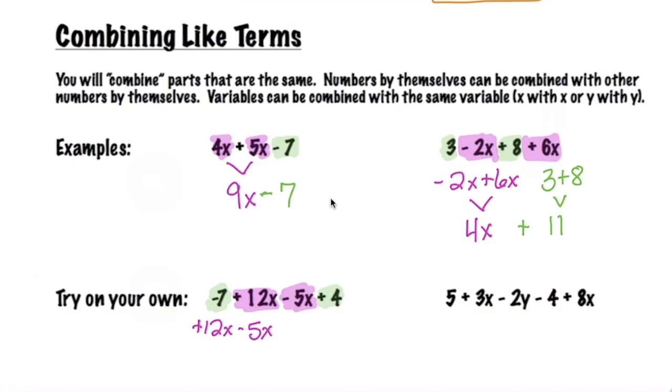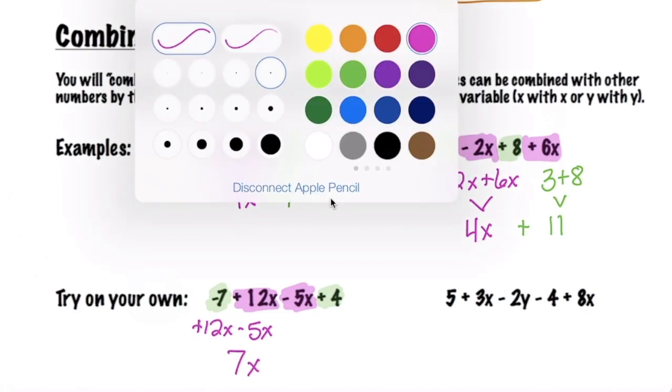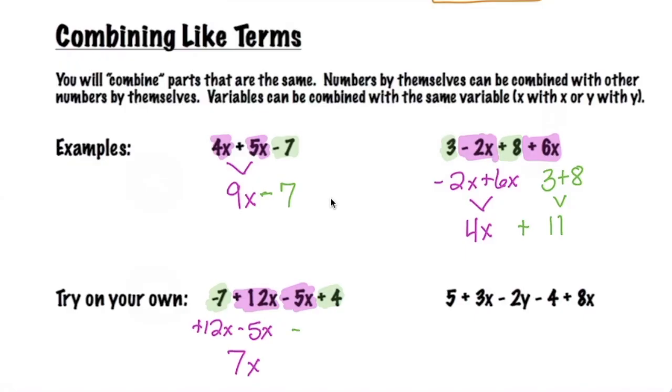So then when I combine that, that's going to become 12 minus 5, so that becomes 7x. When I look at my numbers by themselves, I have a negative 7 plus 4. And so when I combine that, it becomes a negative 3 because negative 7 plus 4 is negative 3.